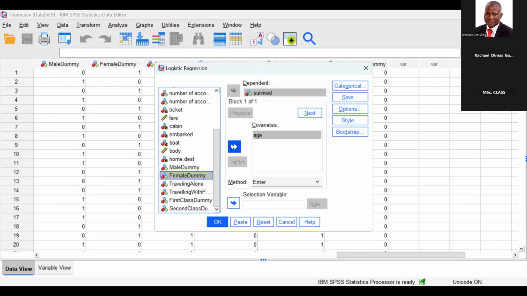Traveling alone, move it there. Oh, don't worry, no. Remove travel alone, put travel with family, because that's the opposite of travel alone. Traveling with family. First class. Click on first class.